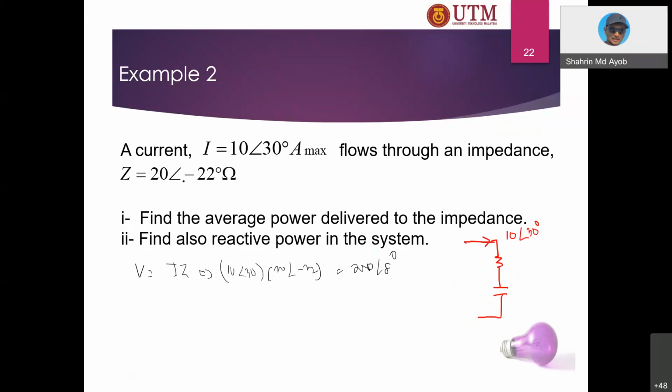To find the average power, first you need to obtain the voltage drop across the impedance.